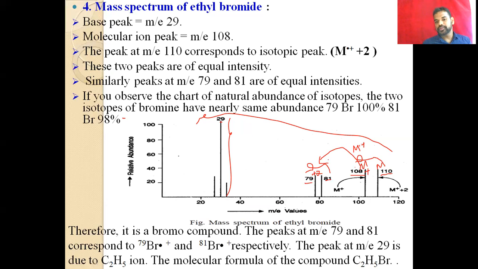From these two patterns, we can say these two are isotopic peaks, the isotopes of bromine. Why are they isotopes of bromine? Because the two isotopes have nearly the same abundance, so they give peaks of equal length in both patterns.